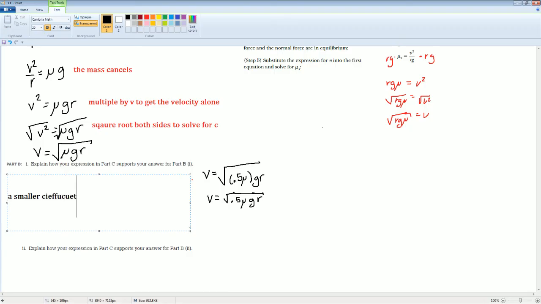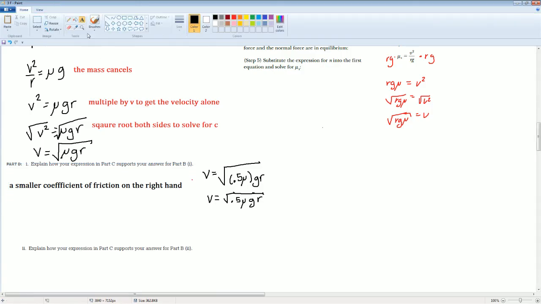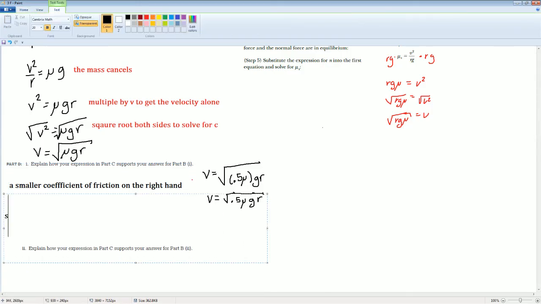coefficient of friction means a smaller coefficient on the right hand side of the equation means the left side for the velocity has to also be smaller.